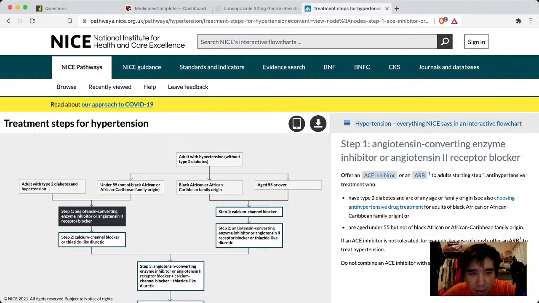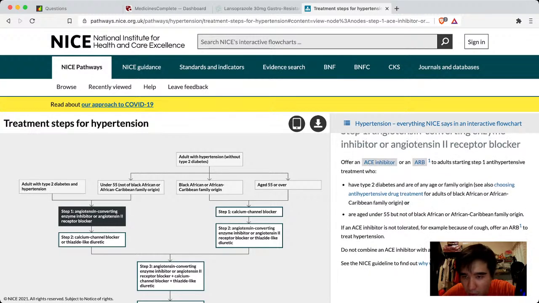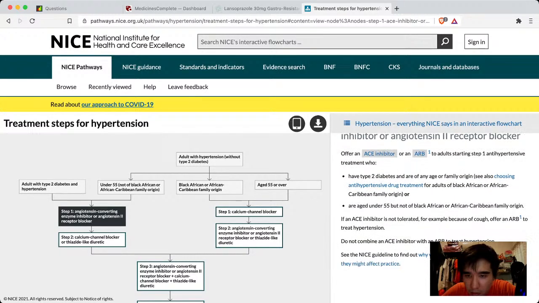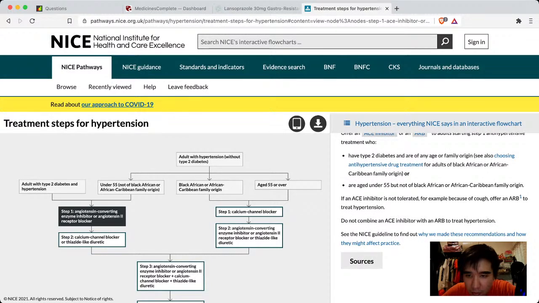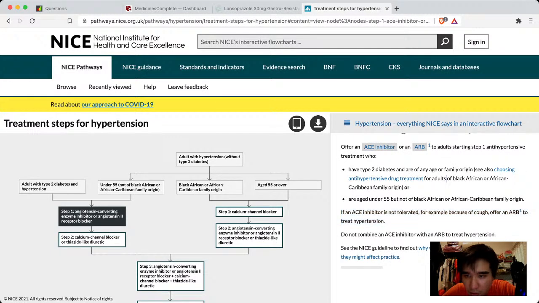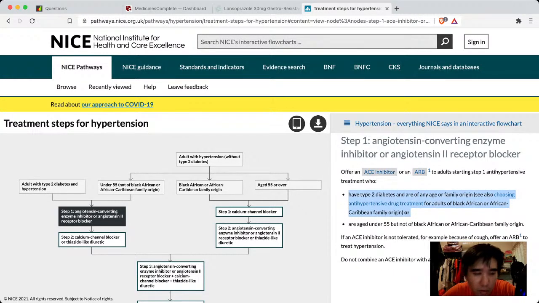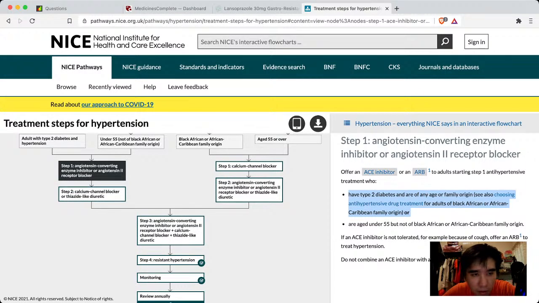If you have type 2 diabetes and are under 55, you give ACE inhibitors. If you have type 2 diabetes and are over 55, you also give ACE inhibitors. If an ACE inhibitor is not tolerated, give angiotensin receptor blockers. If they are African or Caribbean, give angiotensin receptor blockers as well, because they're known to not tolerate ACE inhibitors.